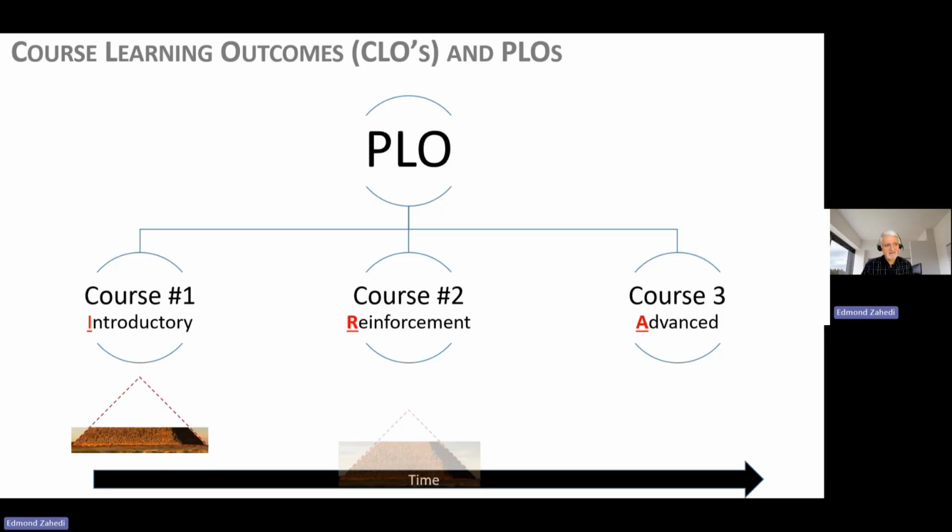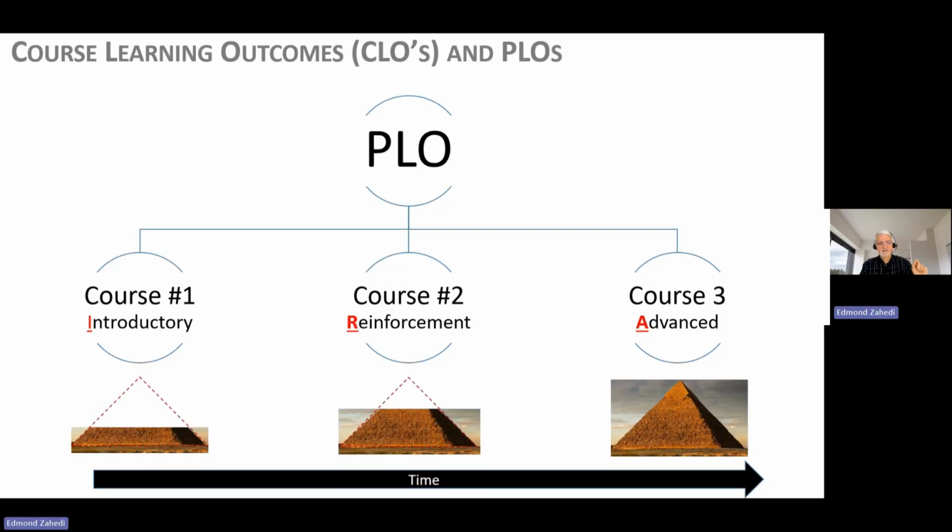So which means that students are introduced step by step, and then their knowledge, the skills, the aptitudes are reinforced. And finally, they need all of them to reach the advanced level. At the end of the day, the full pyramid is what students should be capable of building, designing, whatever, right? For the sake of the example.